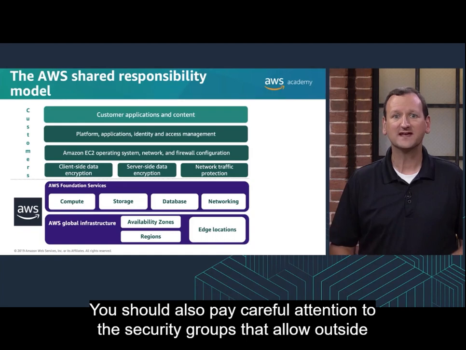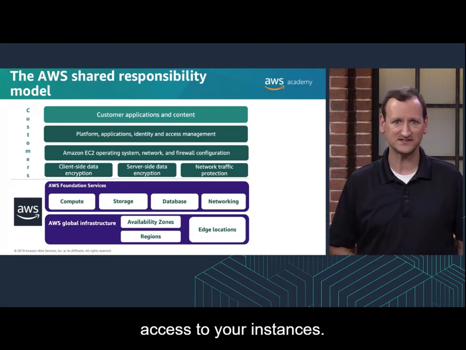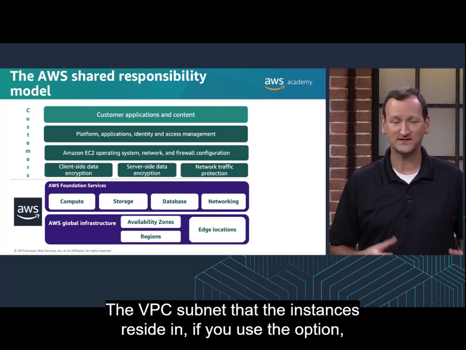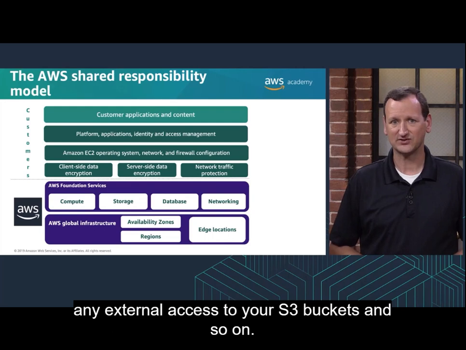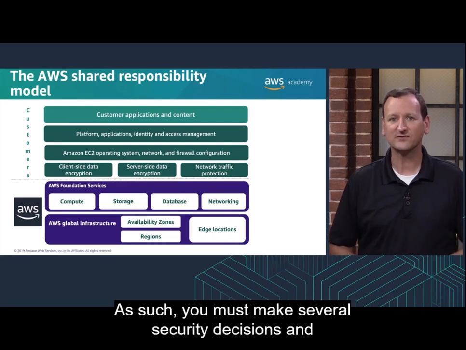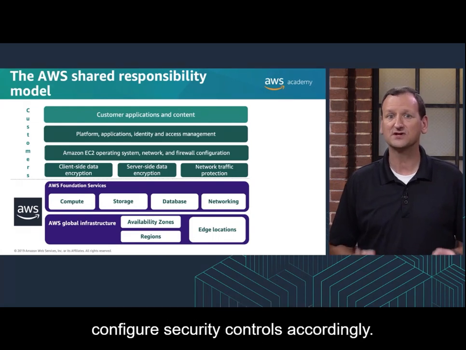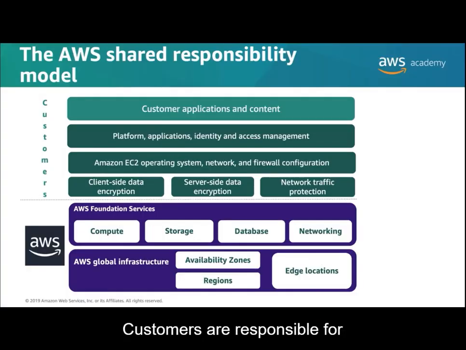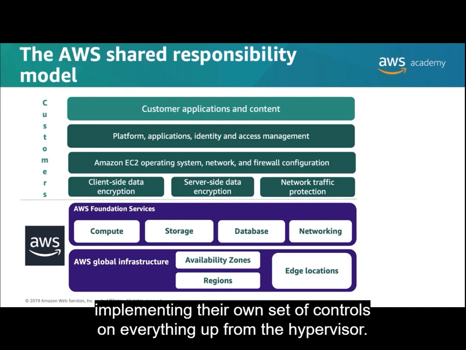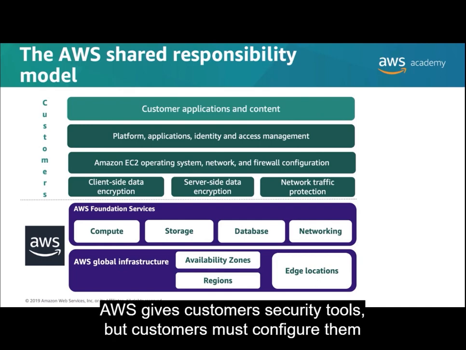You should also pay careful attention to the security groups that allow outside access to your instances, the VPC subnet that the instances reside in, if you use the option, any external access to your S3 buckets, and so on. As such, you must make several security decisions and configure security controls accordingly. Customers are responsible for implementing their own set of controls on everything up from the hypervisor.